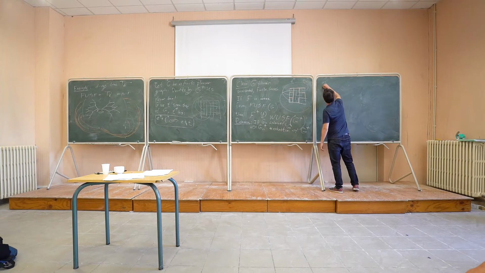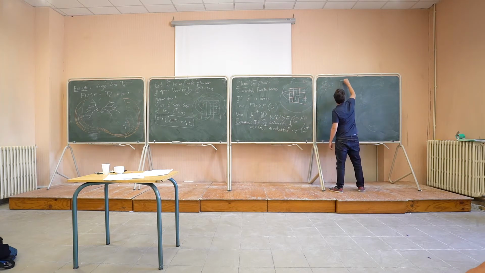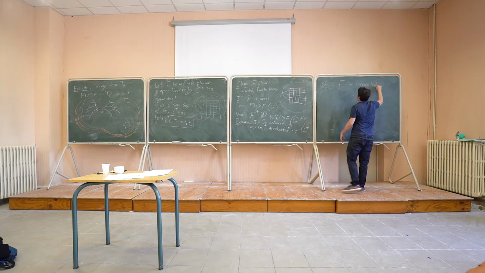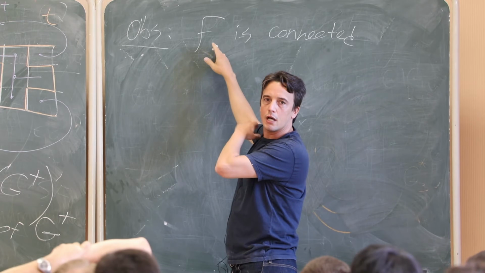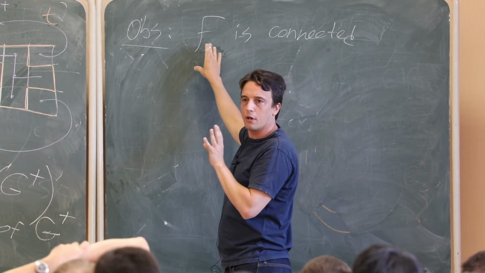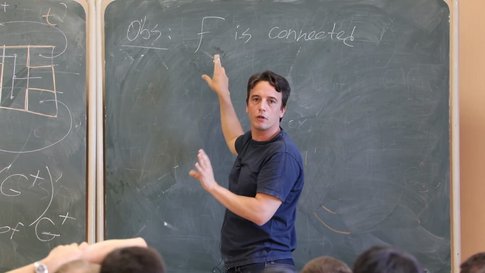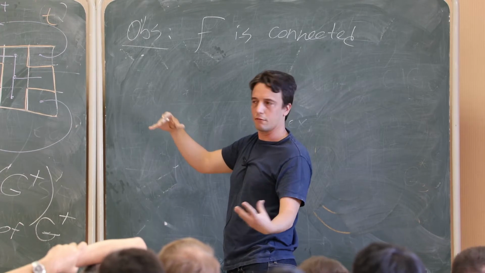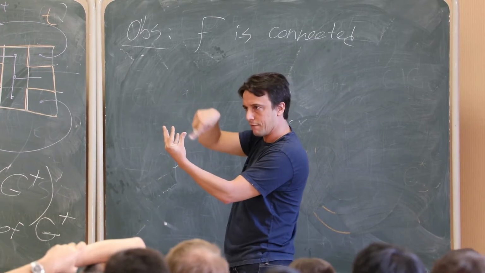So the observation is the following: F is connected, and I'm assuming here that it could have a cycle. This is a deterministic statement when I'm looking at a forest in which all of its components are infinite. Of course, if there's a finite component, then you will have a cycle.